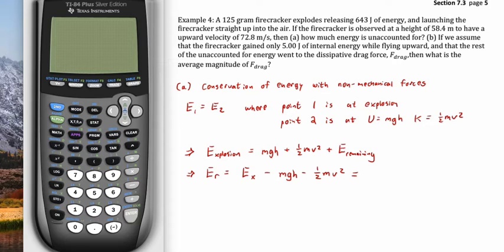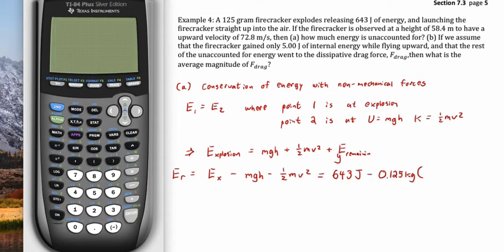Okay, so let's take that energy that we were given at the explosion of 643 joules. And then we'll subtract a factored out m of 125 grams, so 0.125 kilograms.